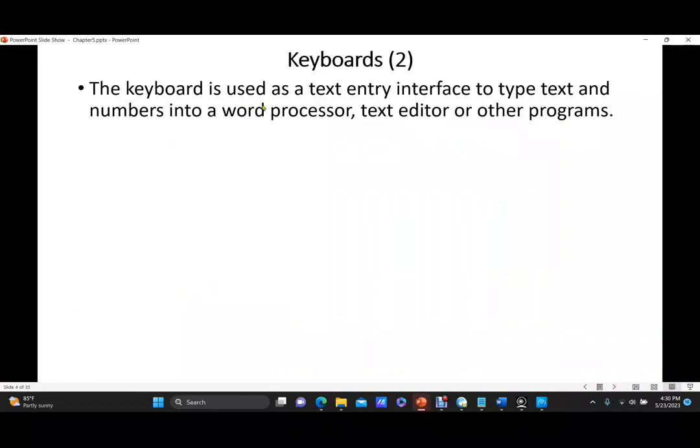The keyboard is used for text entry, to type text and numbers into the word processor, text editor, or programs.